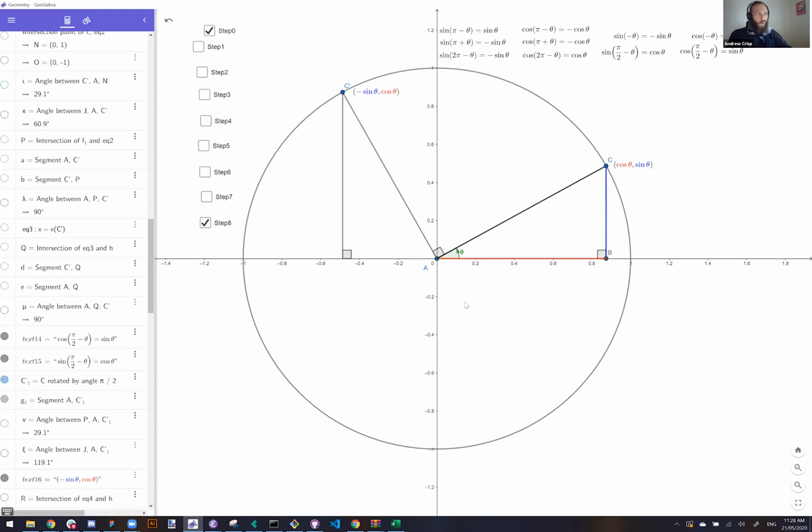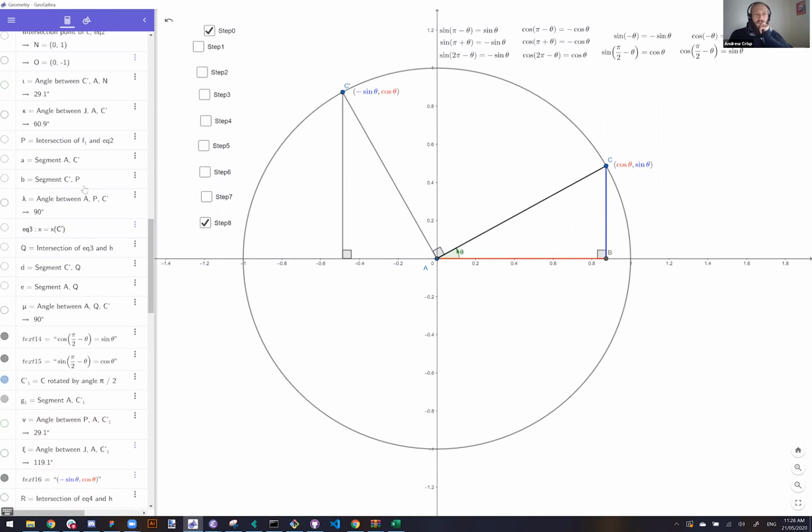So what is the horizontal distance of this new point? Well, it's going backwards, so it's minus the height of the original point, minus sine theta. What's the height of this new point? The height of the new point is the same as the horizontal distance of the old point.